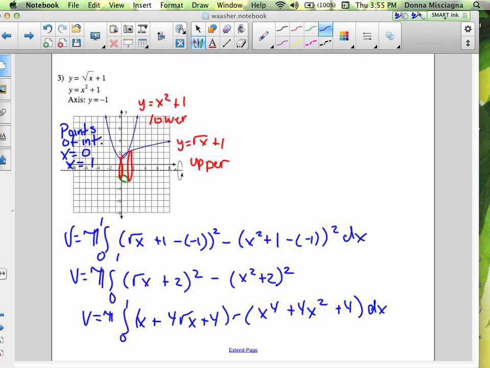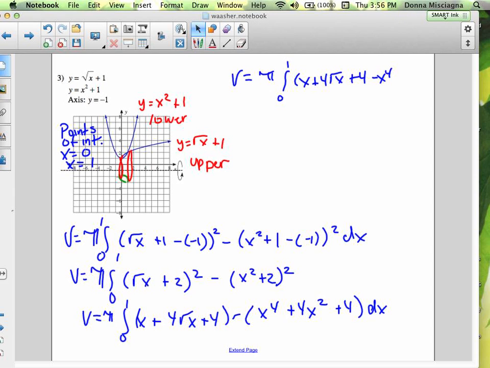So we'll distribute the negative sign, and I'm going to move up here, and I need to write my terms a little bit smaller. I'm going to run out of space. So we have pi from 0 to 1, and that is x plus 4 square roots of x plus 4, minus x to the 4th, and then minus 4x squared, and then minus 4.